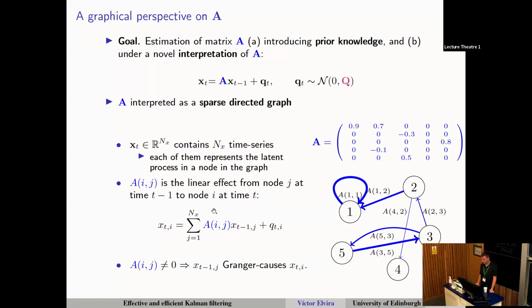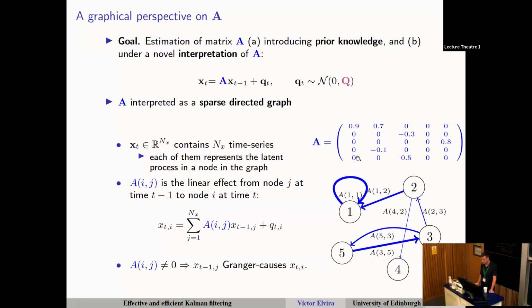So for example, in this case, for this matrix, the updated state at dimension 1, time t, potentially would depend on all dimensions at time t minus 1. But due to this matrix, it's going to depend only on the first coefficient, second coefficient, meaning it's going to depend only on dimension 1 and dimension 2 at t minus 1. Is it clear? Because then you have zeros multiplying the other dimensions here.